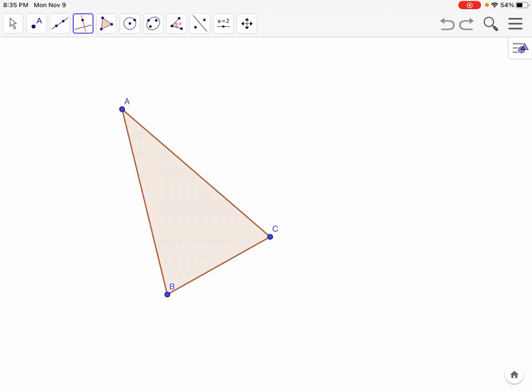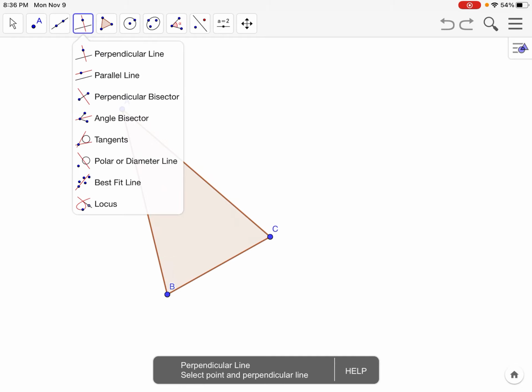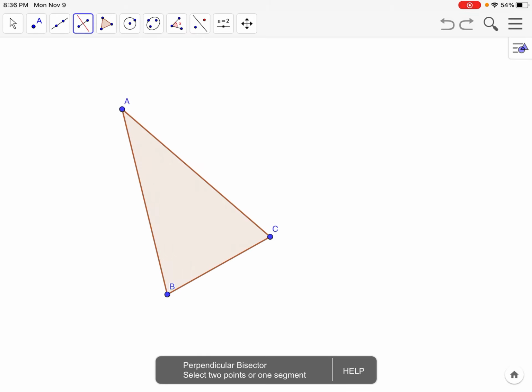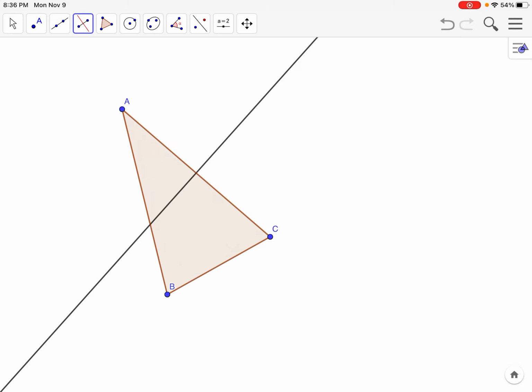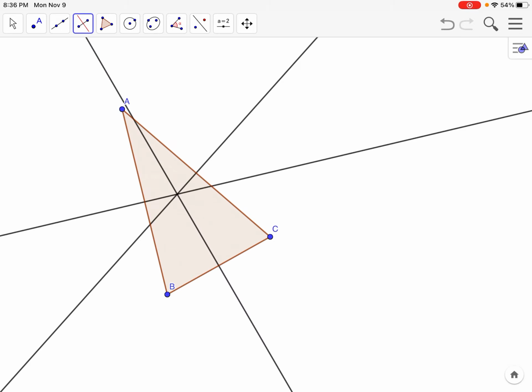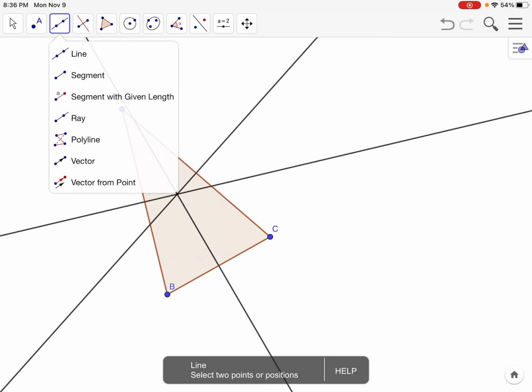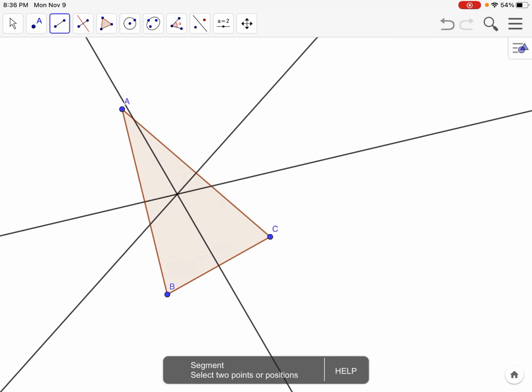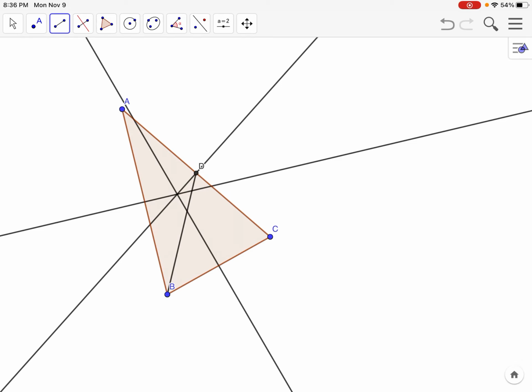Basically, if you draw all of the medians of a triangle, you'd go to the midpoint of each side: the midpoint from A to C, midpoint from C to B, and A to B. If I drew a segment, it would be from B to here, C to here, and A to here.